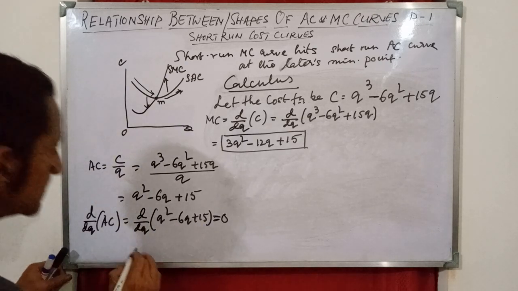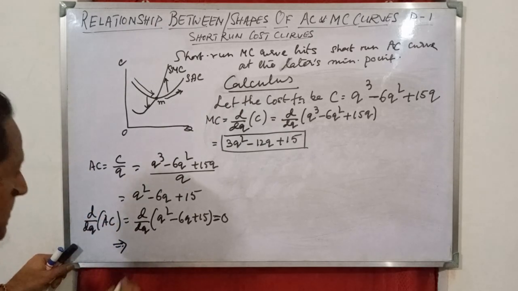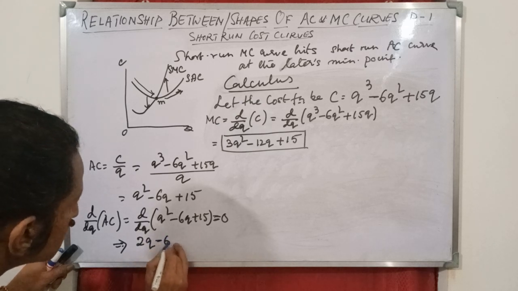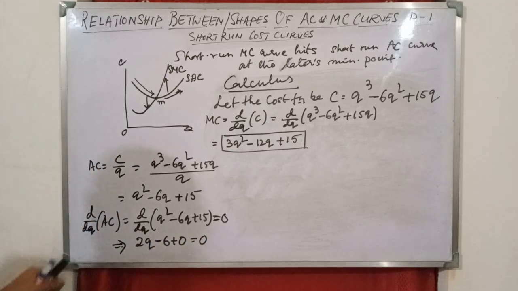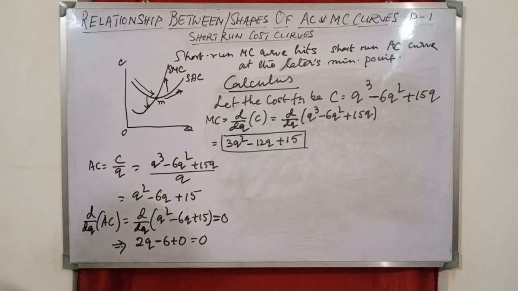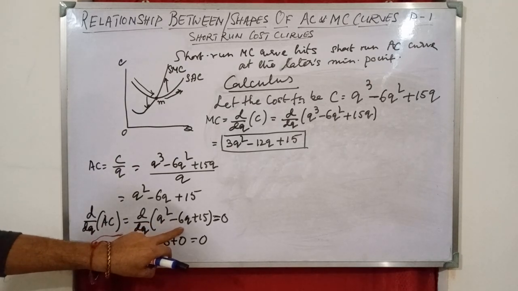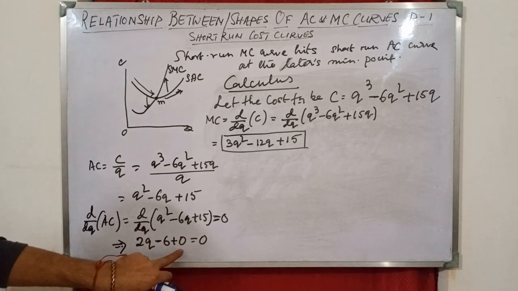So we get 2Q minus 6 plus 0 equals 0. As we differentiate a constant number, we get 0. We differentiate Q square, we get 2Q. We differentiate 6Q, we get 6. And we differentiate 15, we get 0.